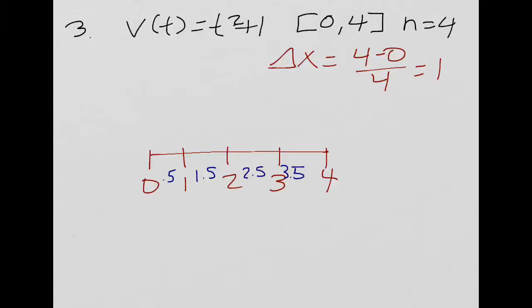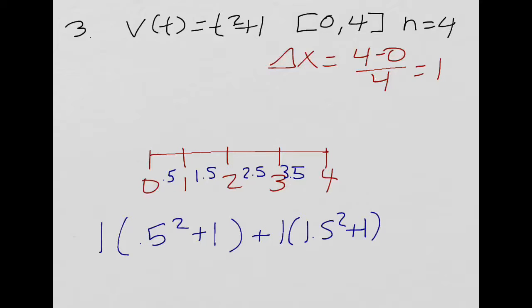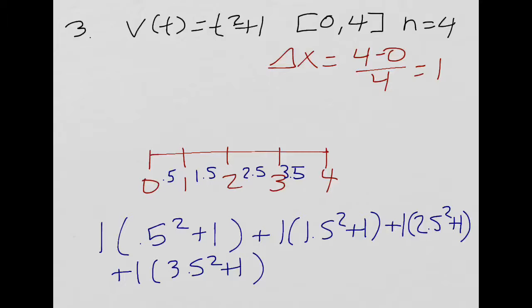So my delta x is 1 times 0.5 squared plus 1, plus 1 times 1.5 squared plus 1, plus 1 times 2.5 squared plus 1, plus 1 times 3.5 squared plus 1, which gives me 25.